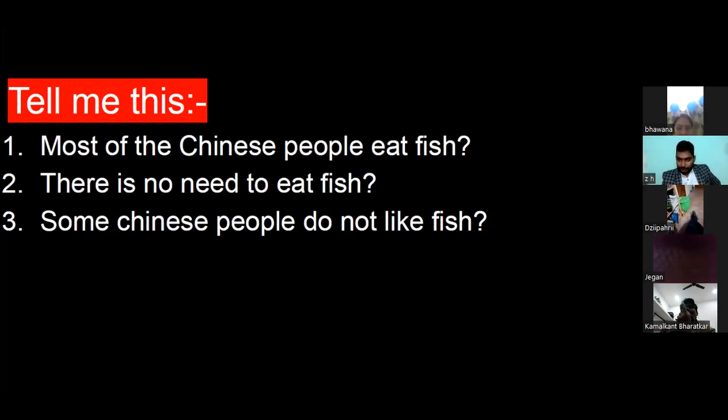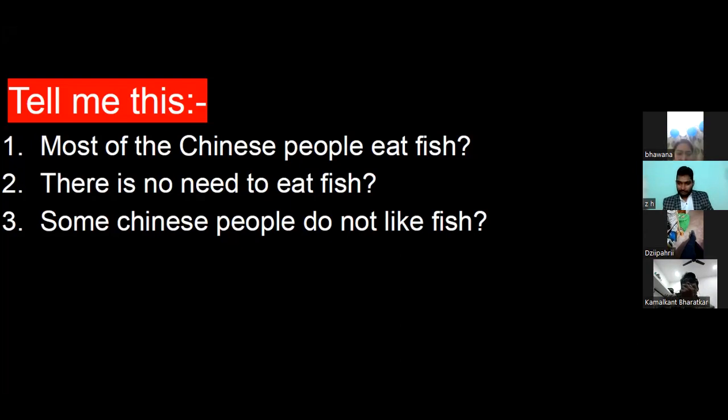Because the second statement is already eliminated, and when we have to choose out of first and third, the first statement reads like most of the Chinese people eat fish. We can't be sure that the majority of people will be fish eating in China. We can't be sure about it, but definitely we can go with the statement which reads like some Chinese people.